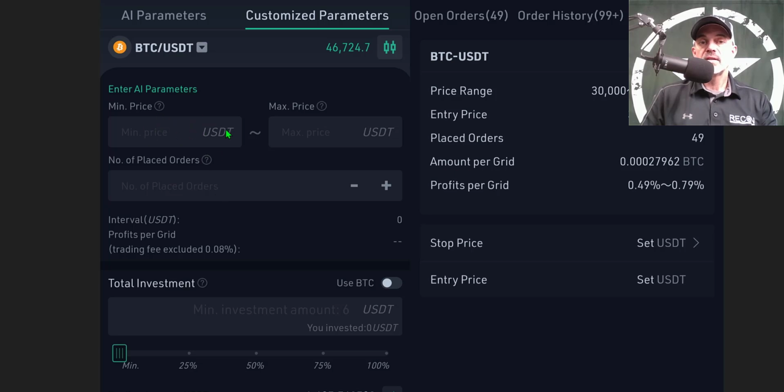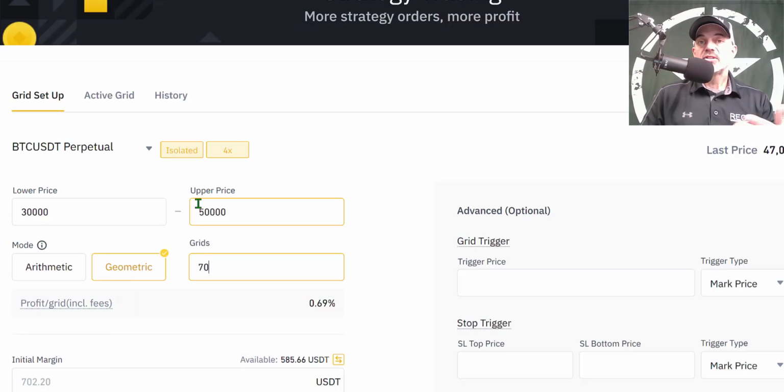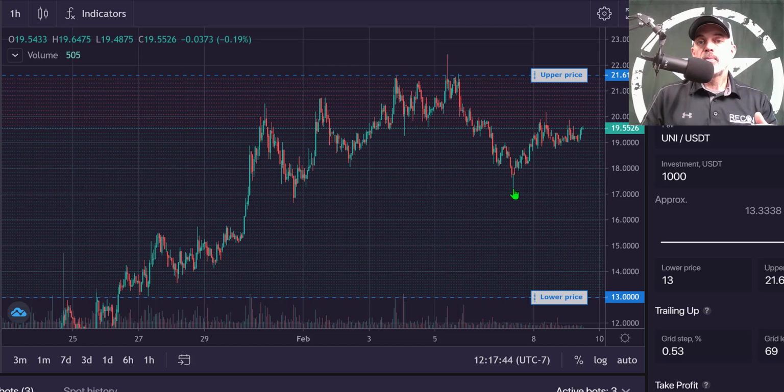Once the price action exceeds the maximum price or their upper level, the bot just simply stops trading and basically won't begin trading again until it comes back down into this zone. Where with Bitscap, this trailing up feature, when you enable it, will allow the grid to follow that price action up. And so in this situation, my upper price limit, I would set right along this resistance area.